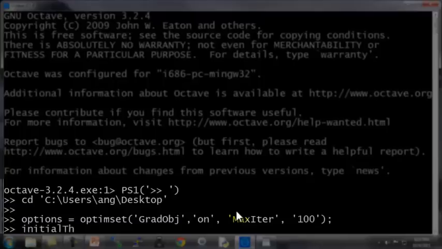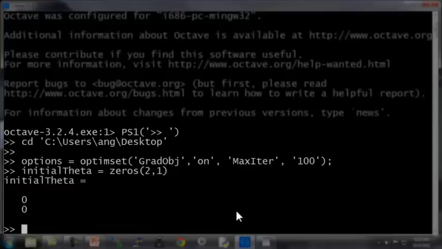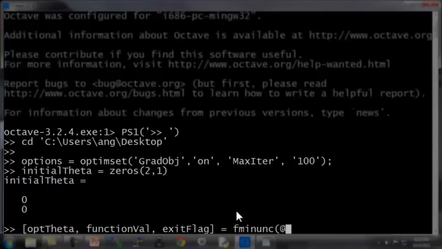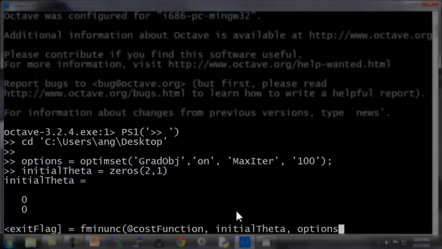Let's say initial theta equals zeros(2,1), so that's my initial guess for theta. And now I have optTheta, functionVal, exitFlag equals fminunc, a pointer to the cost function, and provide my initial guess and the options, like so.